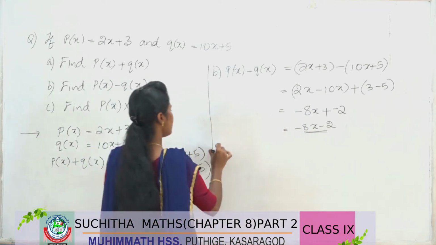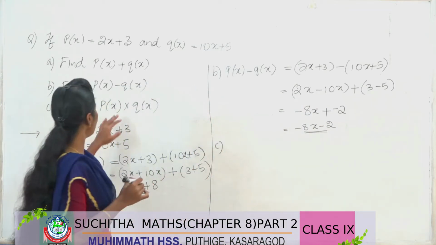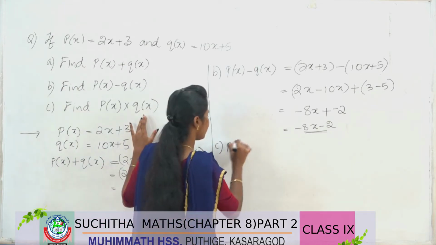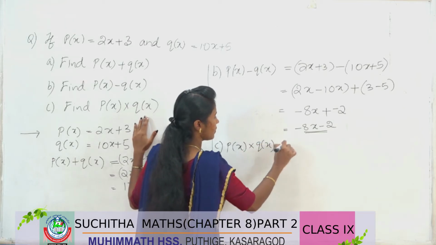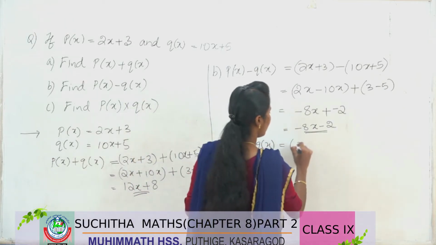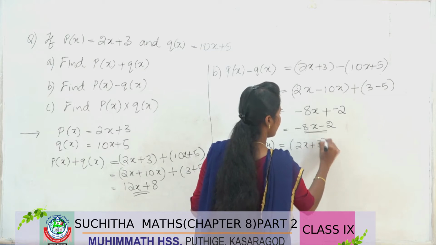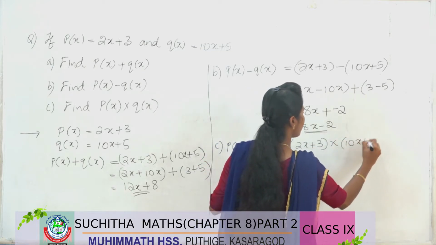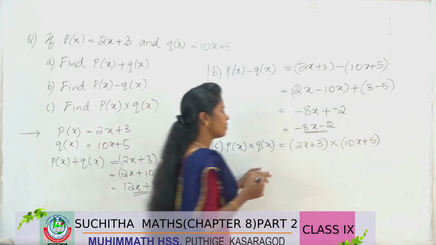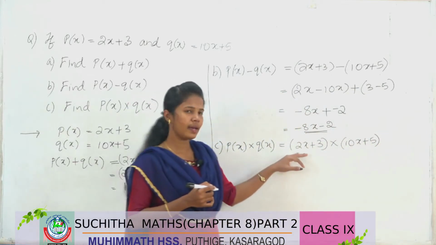Then third one is p of x into q of x. P of x is 2x plus 3 into q of x is 10x plus 5. Here we have to multiply.